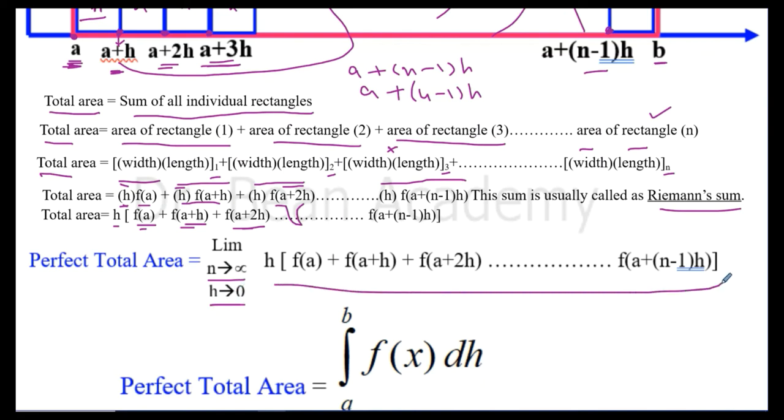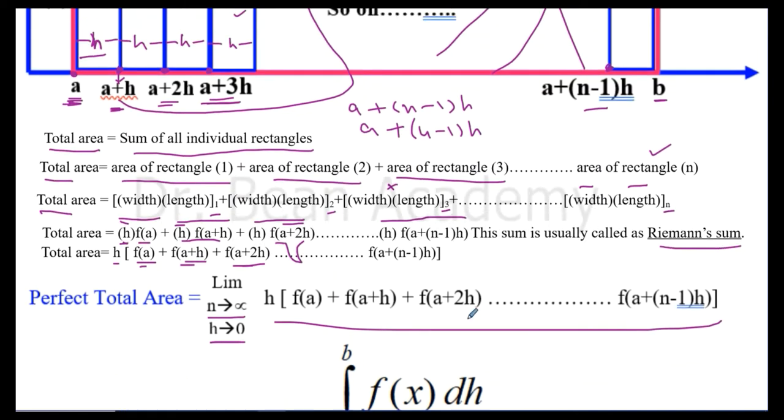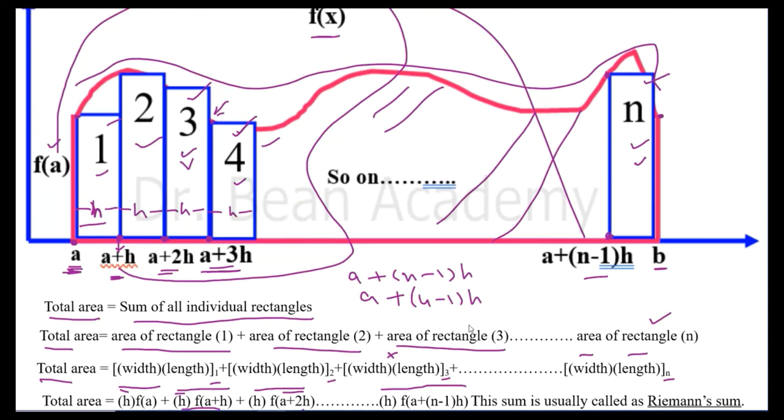It is Riemann's sum. This is how we calculate. And if I put this condition, I will get the perfect area without any error or misestimation.